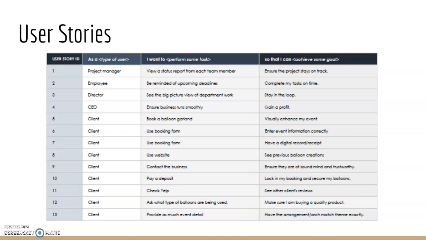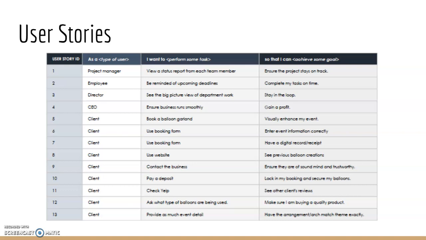And it's kind of funny how these play out, because these are the thoughts we have. We first think of them like, oh, that's a nice balloon garland. I want to order with them so that way I can have one for my party. But broken down as a user story, you have an ID, the type of user, why you want to do it, and your goal. So it's kind of interesting how that works out.